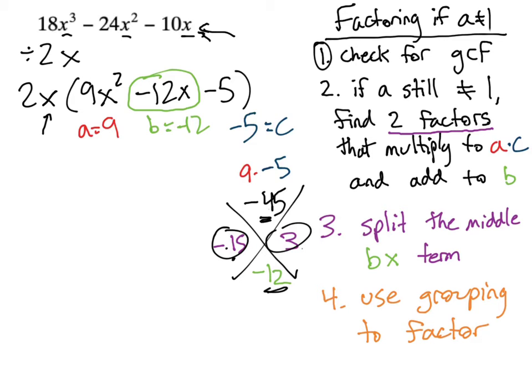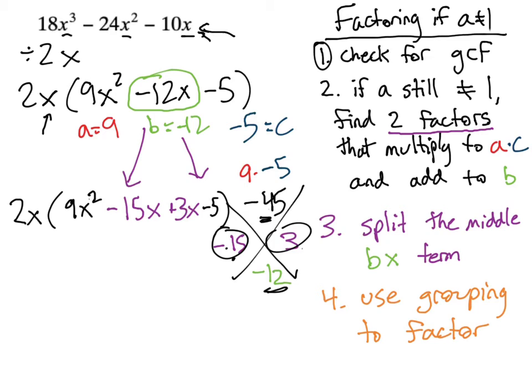So we still have the original 2x that we had factored out at the beginning of that problem, and we're not doing anything yet with this 9x squared, but this negative 12x we're going to separate into negative 15x plus 3x, and we still have negative 5 at the end.